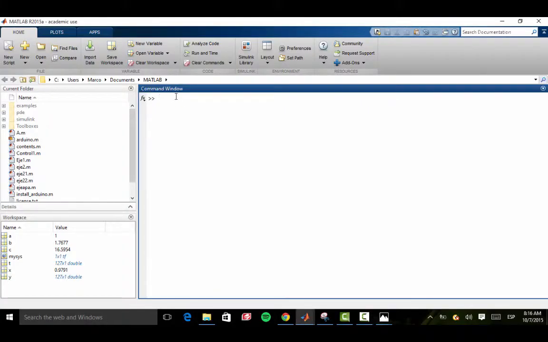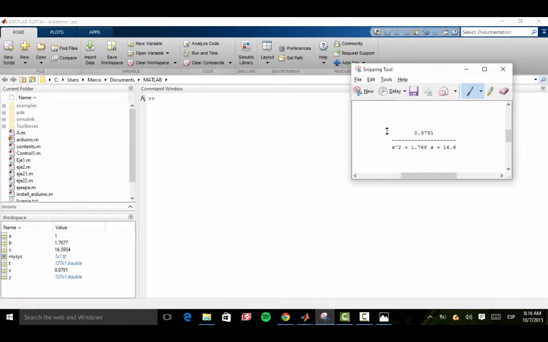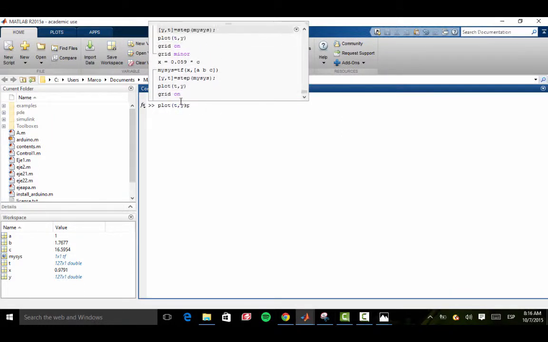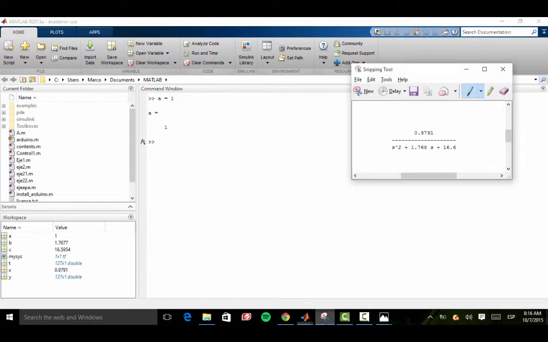We pass to the MATLAB simulation. So for the first step, we need to declare the variables given this as the transfer function of the problem. We declare a as 1, because of the s related to the 2.